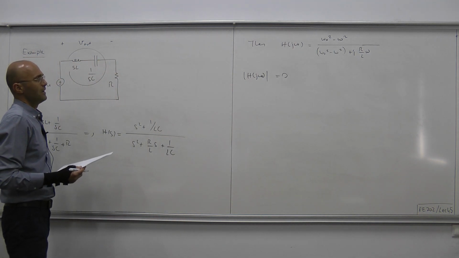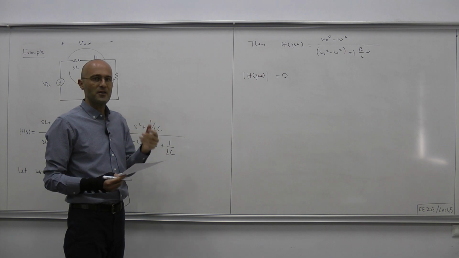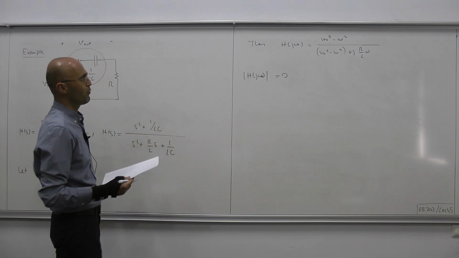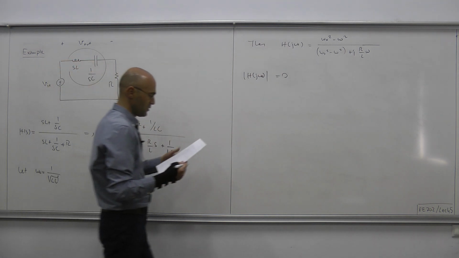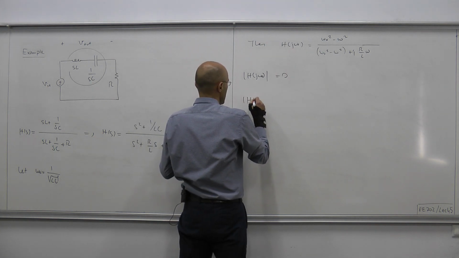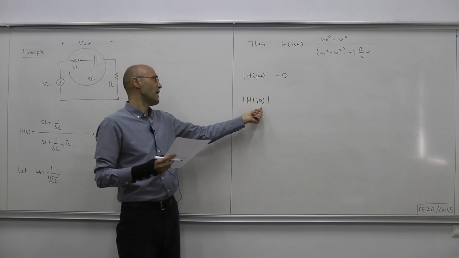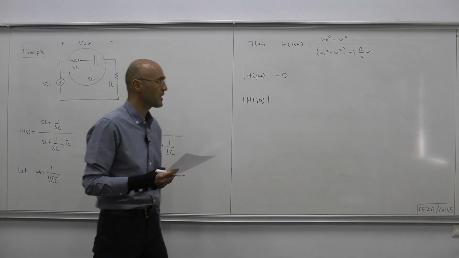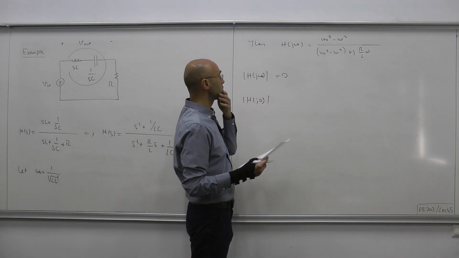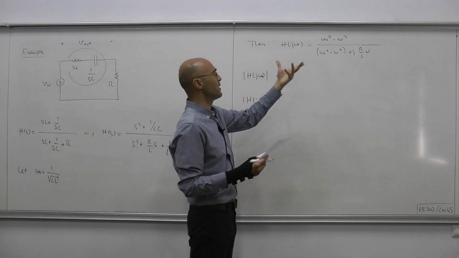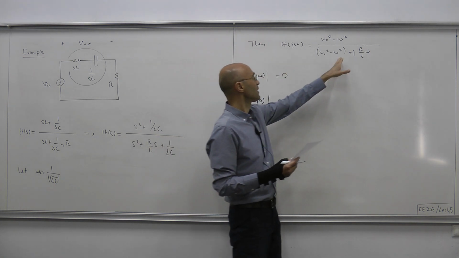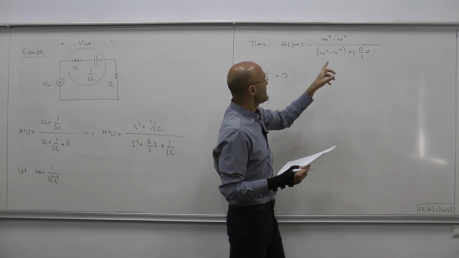Let's also talk about the extreme cases, when omega is tiny and when omega is very large. At H of j 0, this is what happens at very low frequencies. Plug in omega equals 0, or omega very small.